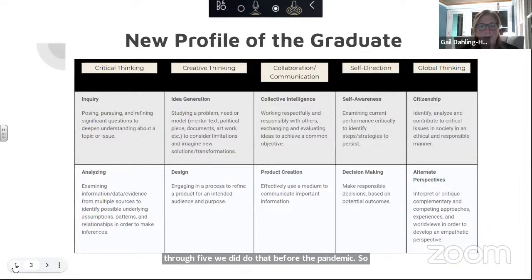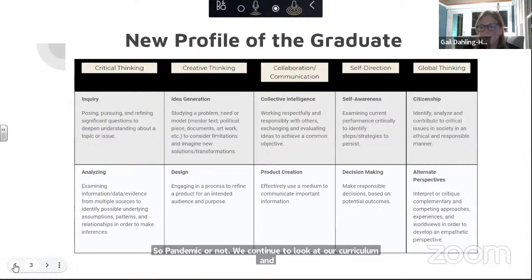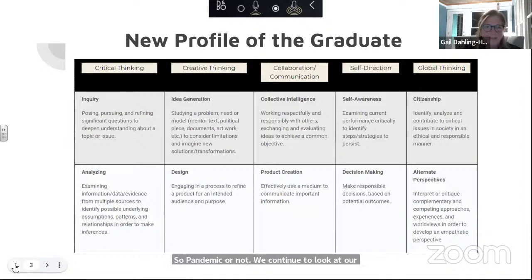So students are really aware of how they're growing to be really good critical thinkers and really good global citizens and really self-directed. And there's certainly more work that we look forward to doing once it's not a pandemic, but it doesn't mean that we leave off and we don't continue where we see our next steps. So pandemic or not, we continue to look at our curriculum and make sure that it is promising not only the vision, but the content that it needs to deliver as well.